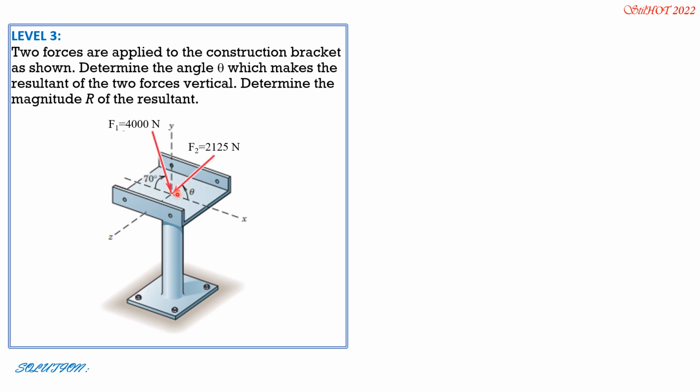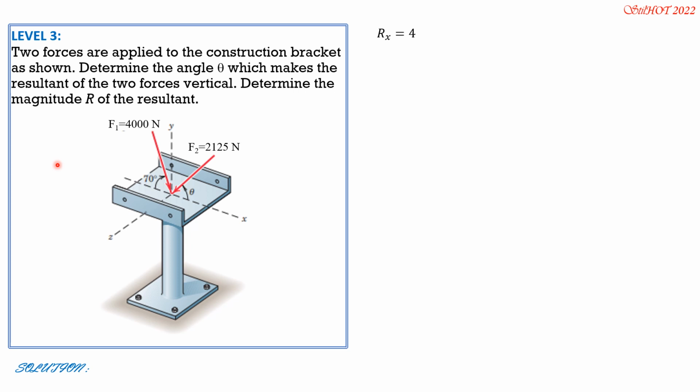F2 is directed towards the negative x-axis, so its x component is negative. There is no Rx. Rx is 0 because the resultant is vertical, downward. Therefore, 4,000 cosine of 70 positive minus 2125 cosine of theta negative equals 0.